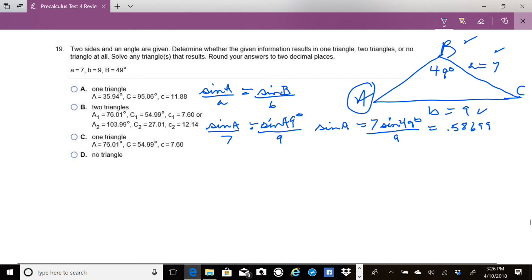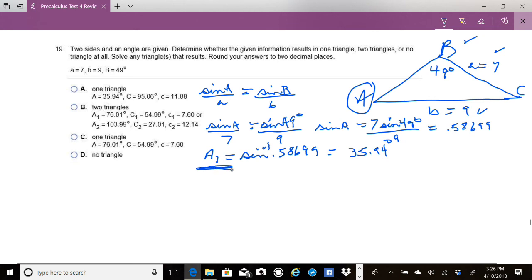So here we need to be prepared to determine whether A could be two different angles. Let A1 be the first possibility, equal to inverse sine of 0.58699, which equals 35.94 degrees.